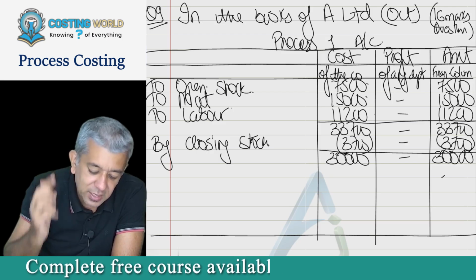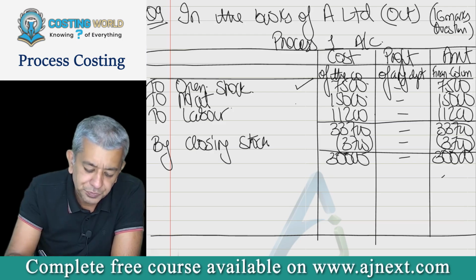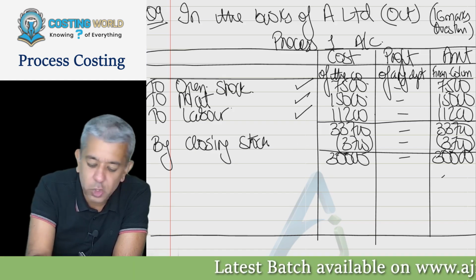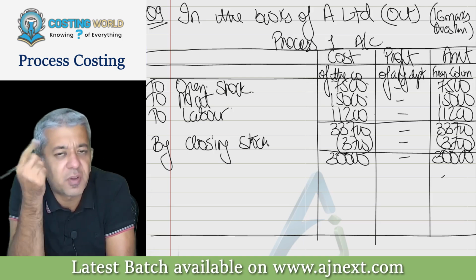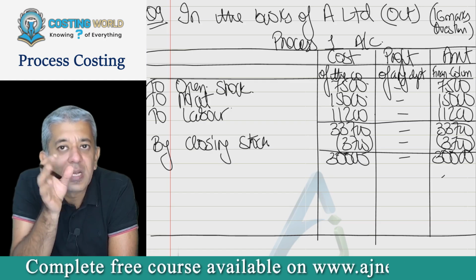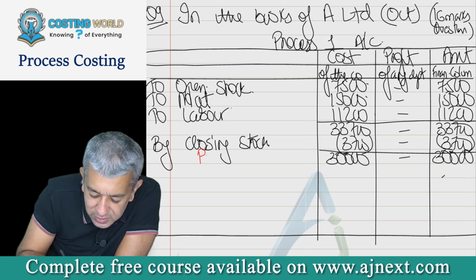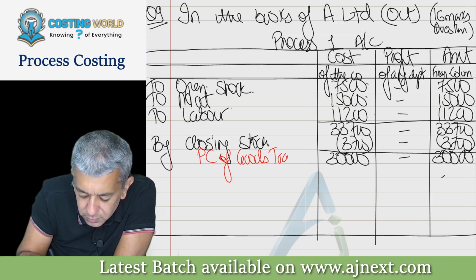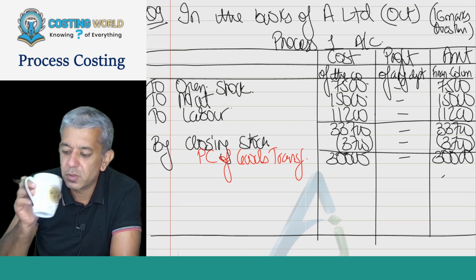Now, can we say this much opening stock, incomplete goods we had, this much cost you incurred more, this much closing stock you have with you, the remaining goods you must have transferred to the next process, no? Yes, sir. But till now, we have only written prime cost. So I am writing words against this: prime cost of goods transferred.